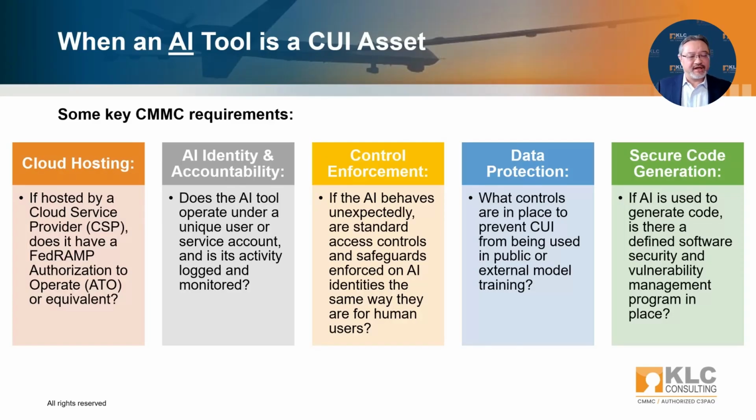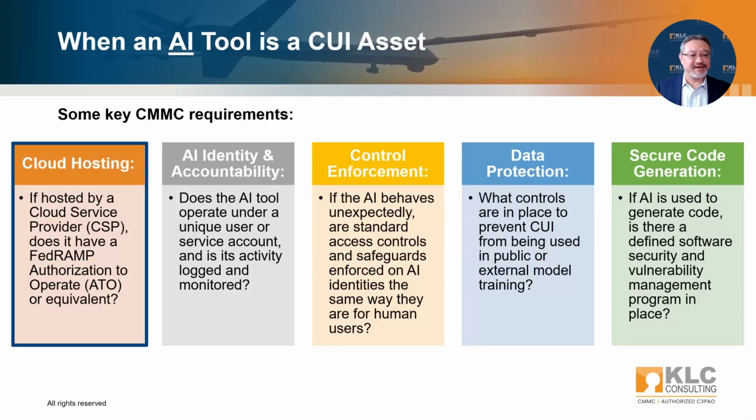If you have an AI tool that is handling CUI, meaning stores, processes, or transmits CUI, then we will verify to see if the AI tool is provided by a cloud service provider. If it is, then we have to ensure that cloud service provider either has a FedRAMP authorization or equivalency.